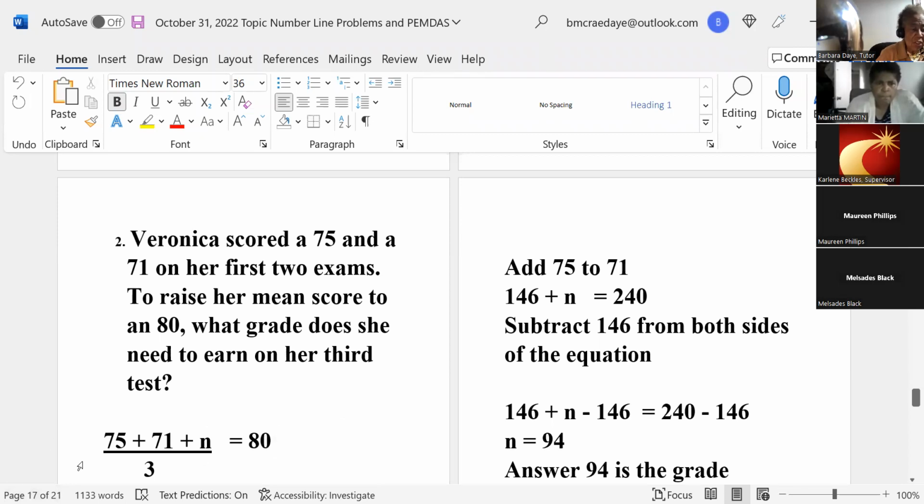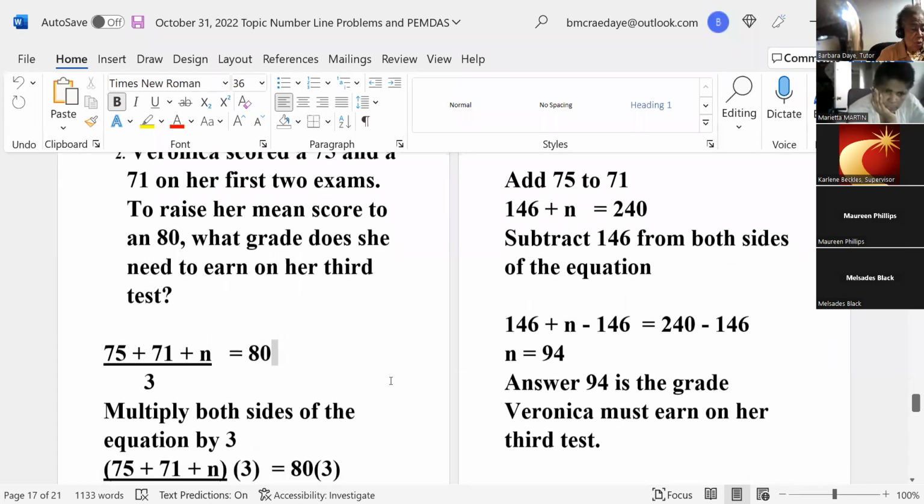Everybody clear on this equation? 75 and 71 are the first 2 exams. n is really the 3rd score, the 3rd test. So that's 3 items divided by 3, and we want a mean of 80.